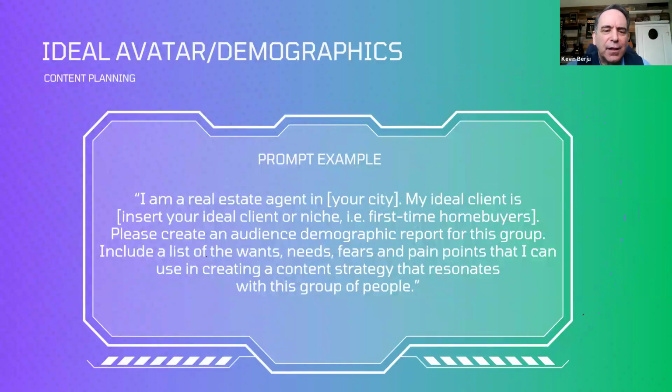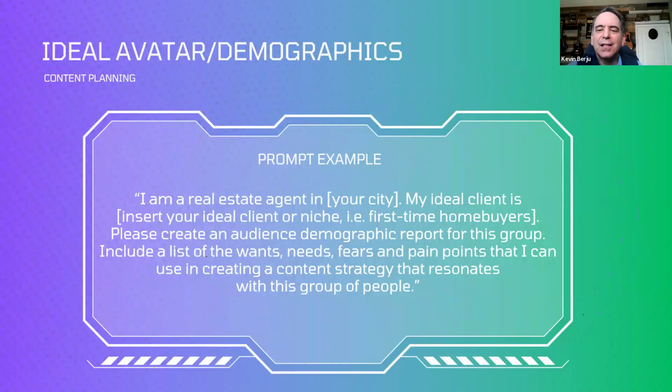Here's a prompt example. I'm a real estate agent in your city. My ideal client is, whatever your ideal client is, first-time home buyers, etc. Please create an audience demographic report for this group. Include a list of the wants, needs, fears, and pain points that I can use in creating content strategy that resonates with this group of people.